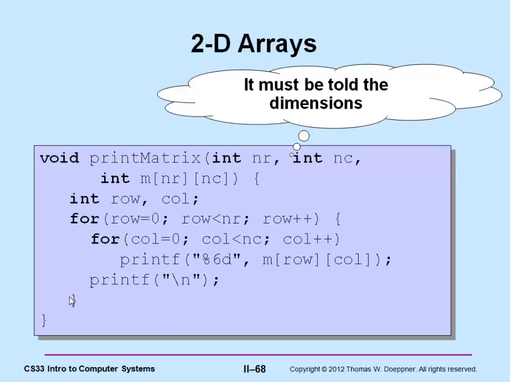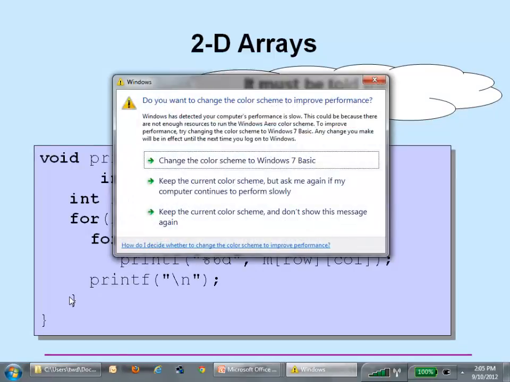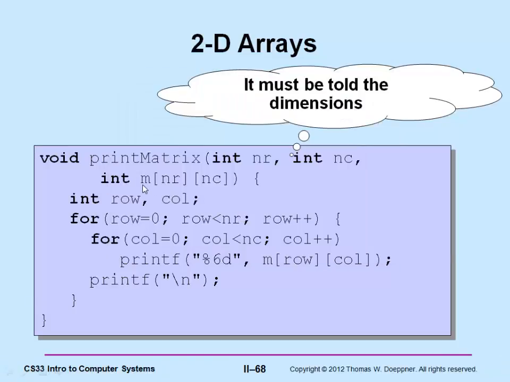So we're passing it the reference to the array, but we also have to tell it, as we saw last time, that we can give it the dimensions of the array here, but that doesn't really mean anything to it. We've got to tell it as separate arguments what the dimensions are. Having done that, we can go and print out each element of the array.